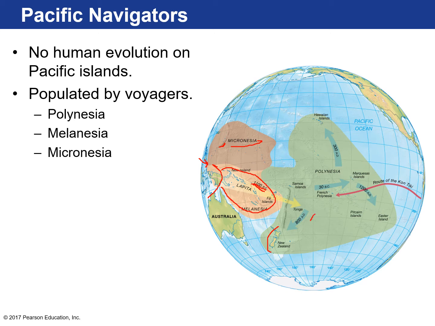New Zealand down this way, 800 after the Common Era. French Polynesia, 30 BCE. The Hawaiian Islands, about 300 years after the Common Era. And then Easter Island, about 1200 AD.